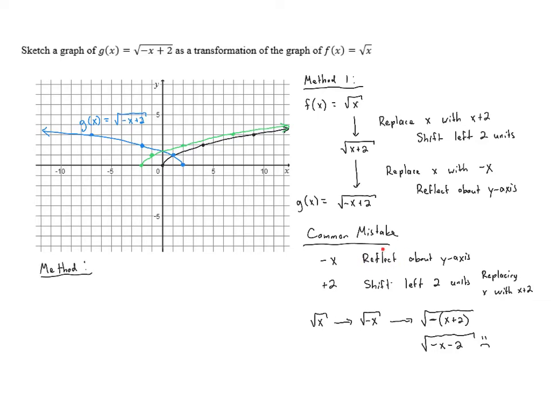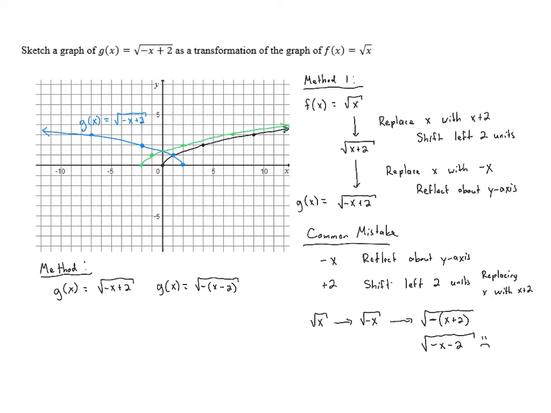We can do a reflection first and then a shift second, but to do this, we actually have to look at the function differently. We know that g of x is equal to the square root of the opposite of x plus 2. We could rewrite this by factoring out a negative on the inside and then having the opposite of x minus 2.